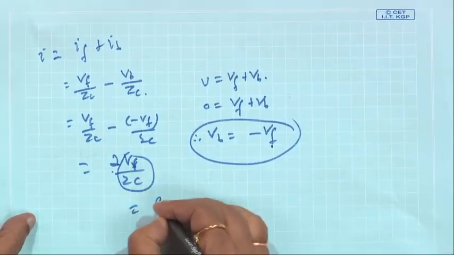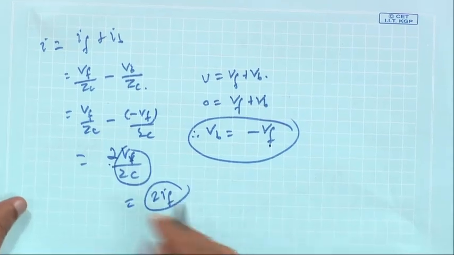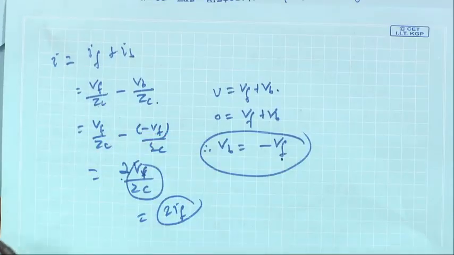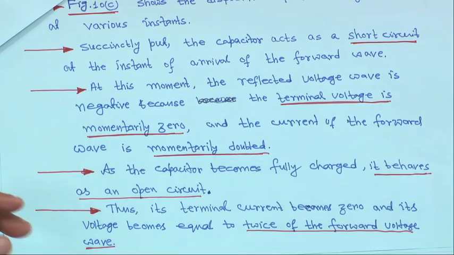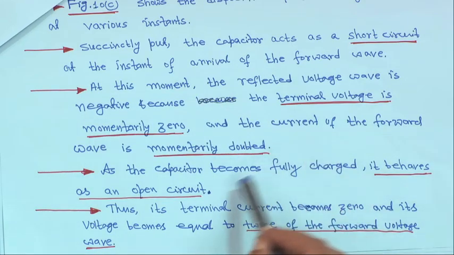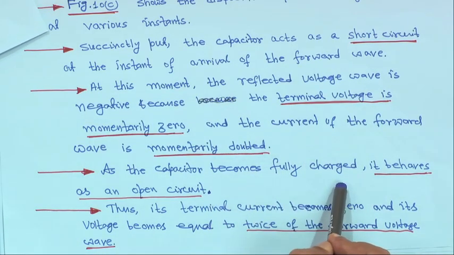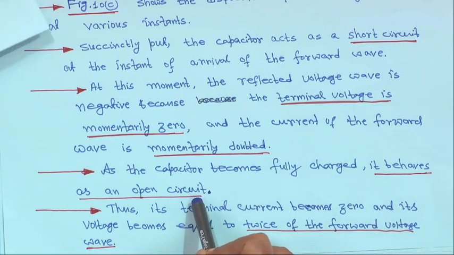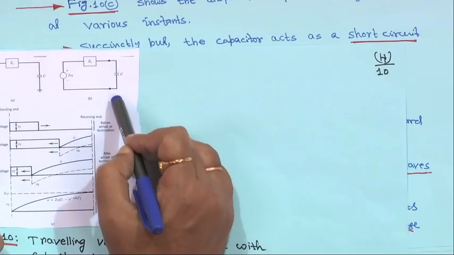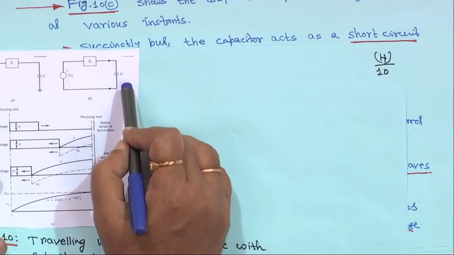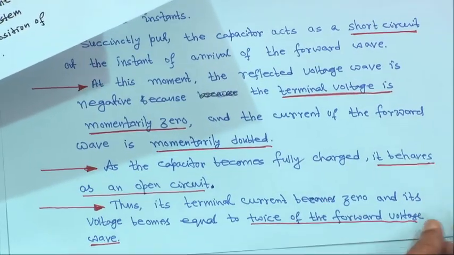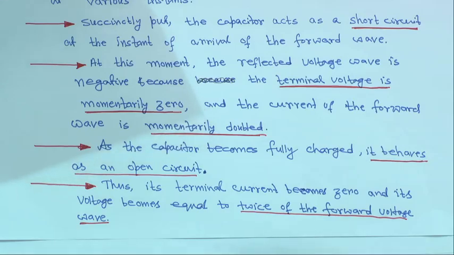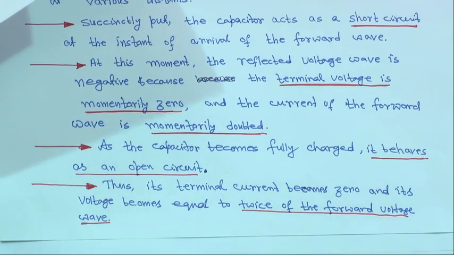That means you can write 2 into I F, because V F upon Z C is equal to I F. So, that is 2 I F. As the capacitor becomes fully charged, it behaves as an open circuit, thus the terminal current becomes 0 and its voltage becomes equal to twice the forward voltage wave.